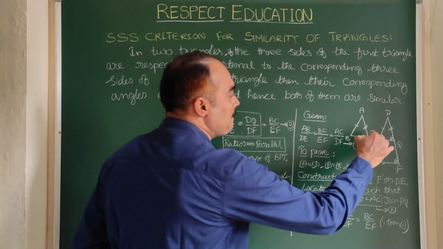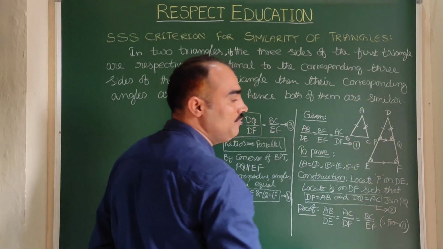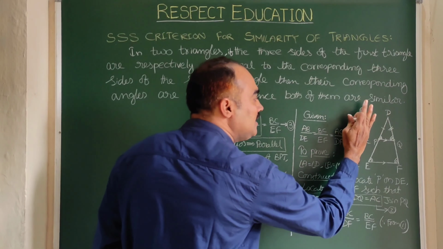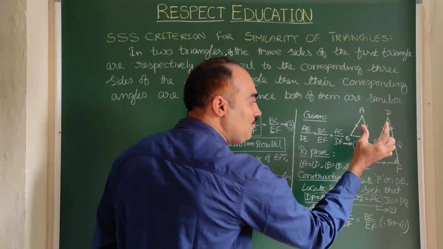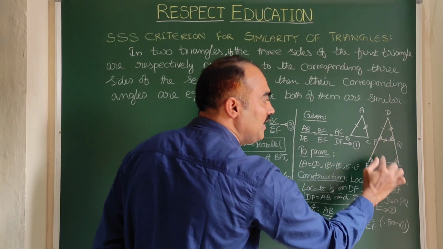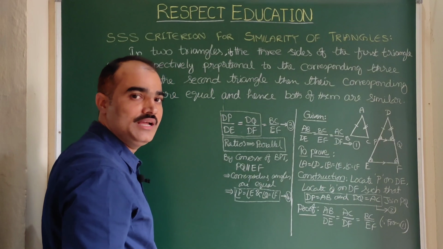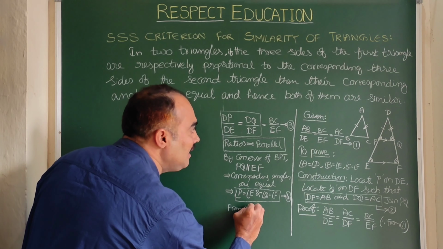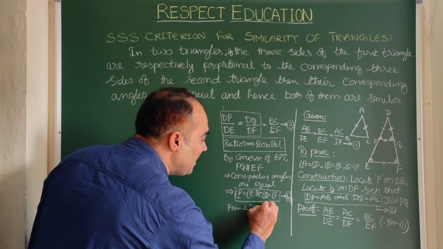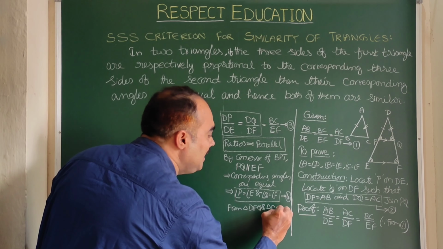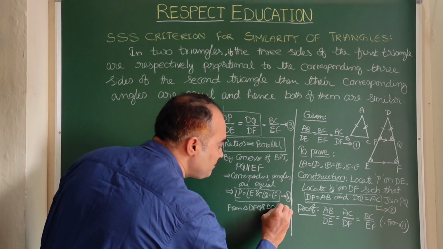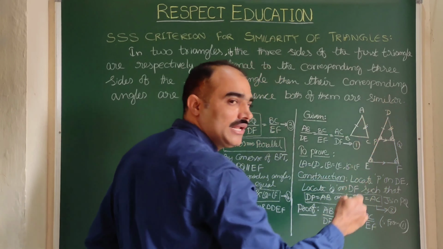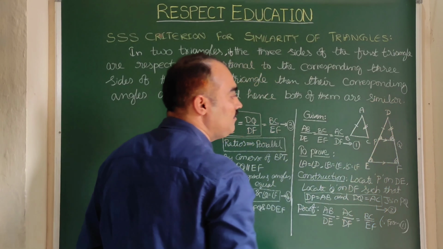Now from triangle DPQ and triangle DEF, let us give rest to ABC. Just keep focus only on DEF, in which PQ is parallel to EF. From triangle DPQ and triangle DEF, DPQ is the upper triangle and DEF is the whole triangle.